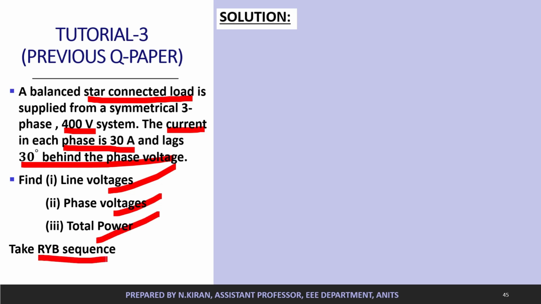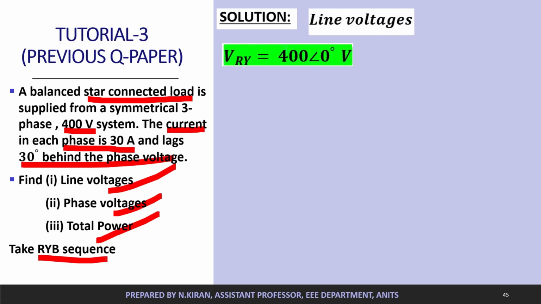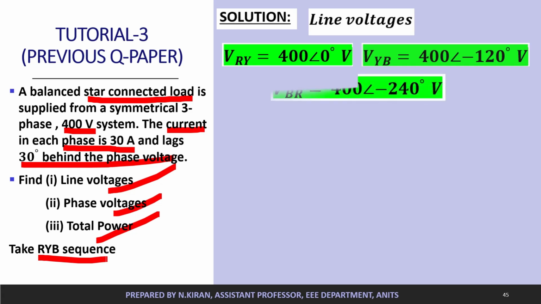The sequence that we should follow is RYB phase sequence. Since the line voltage is given as 400 volts, and since we are following RYB phase sequence, VRY is 400 at an angle 0, VYB is 400 at an angle minus 120, and VBR is 400 at an angle minus 240.